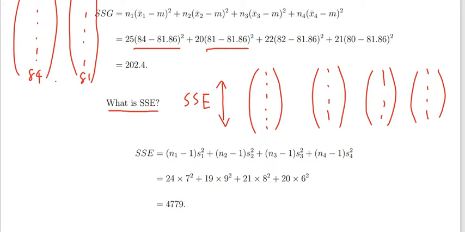We use summation of each number minus the average, where this average is class 1's average, right?